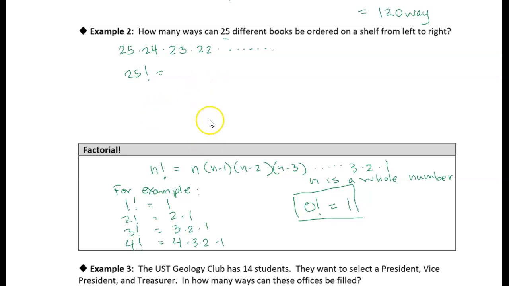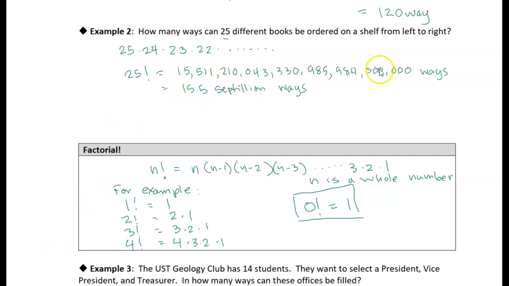But actually, if I put this into my calculator, it gives me a number, but it's so big that it doesn't fit on the screen. I had to calculate this value on a computer; I think I went to the internet to find out what this was. So here's what I got. I'll write it all out here. All right, so that's the number I got when I went to the internet to find out what 25 factorial is.